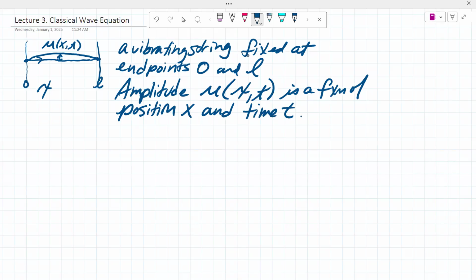Great. And so that equation is given by this. And guess what? It's a differential equation.